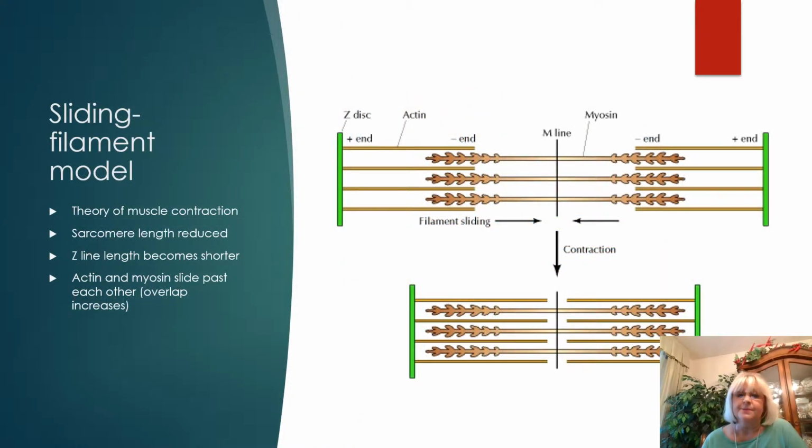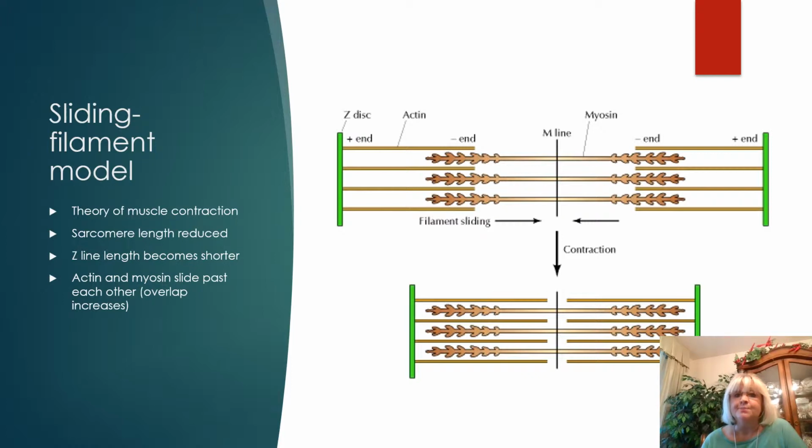The sliding filament model. So the sarcomere length is reduced while the Z line becomes shorter. Actin and myosin overlap increases as they slide past each other and the muscle contracts. The sarcomere shortens as the muscle contracts. The H zone and the I band become narrower.